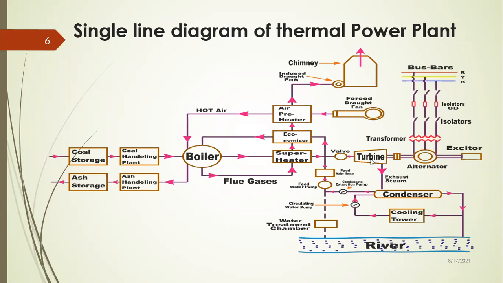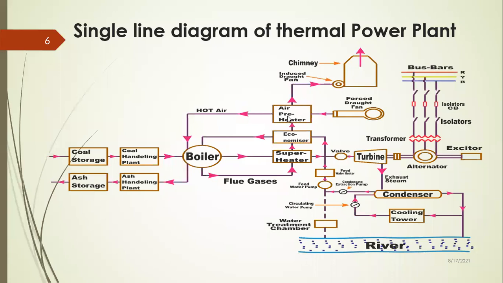With that high pressure steam, the turbine starts rotating, and this turbine is coupled with the alternator on the same shaft. With the help of this alternator, electricity is produced. The electricity is then stepped up by the transformer and shifted to the bus bars.